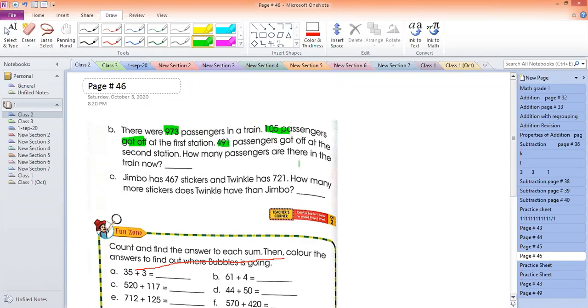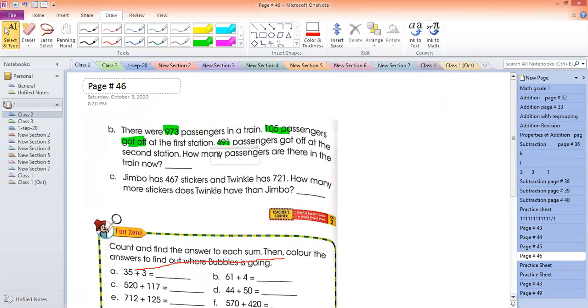How many passengers are still in the train now? So how many were total? 973. But when the first station comes, 105 passengers left. Second station comes, 491 more left. How many passengers are left in the train?